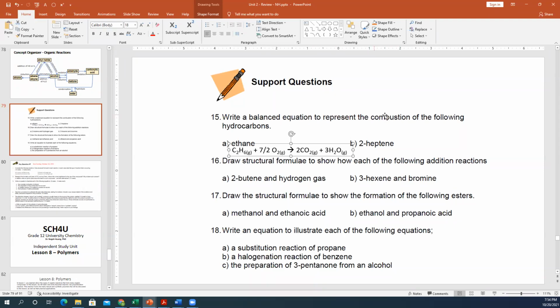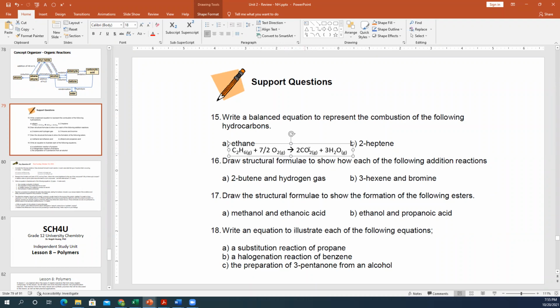And then you do the same thing because it's a combustion reaction. So in a combustion reaction, what are the 3 things that you need? Everybody say it together. We need oxygen. We need carbon dioxide, not just carbon dioxide.